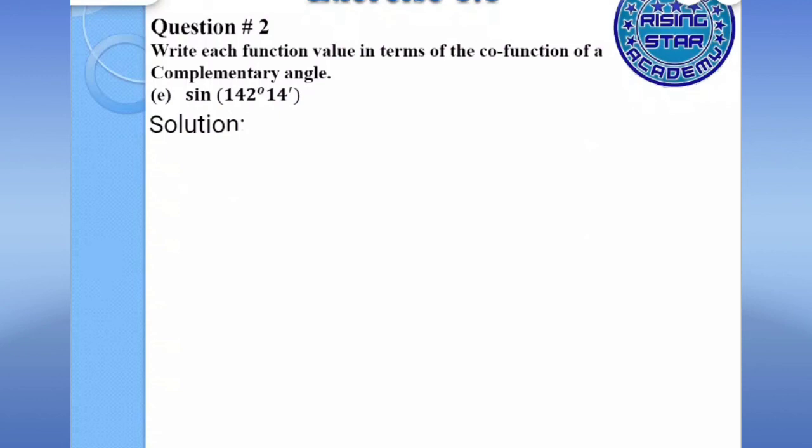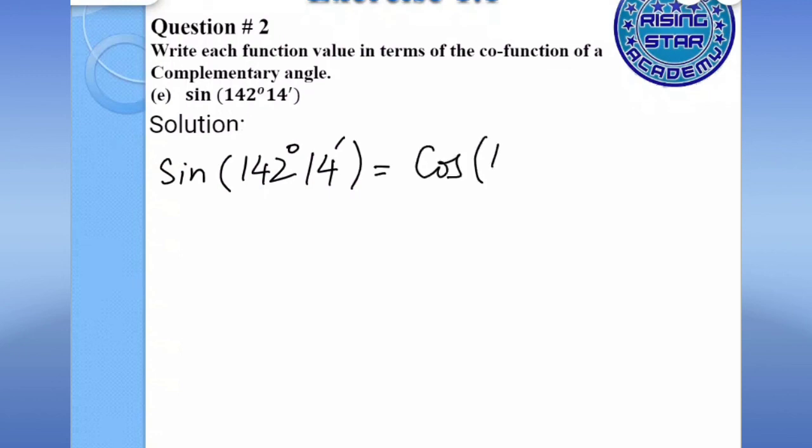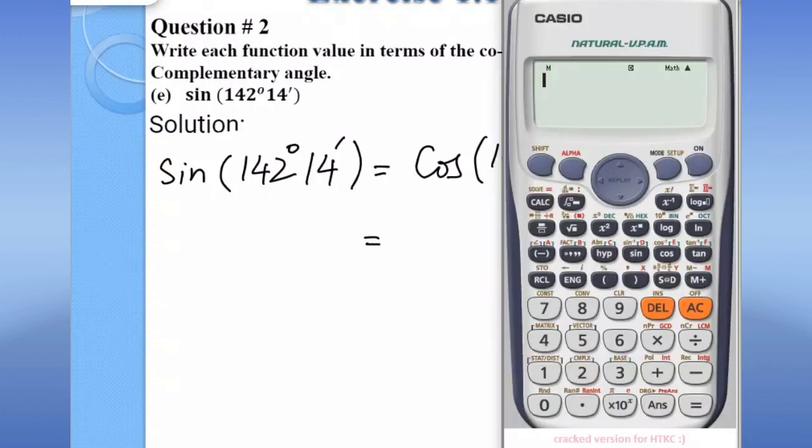So let's see, that is sine of 142 degree 14 minutes would be equals to cos, or cosine, 142 degree 14 minutes minus 90 degree. Now I would use the calculator to simplify it.